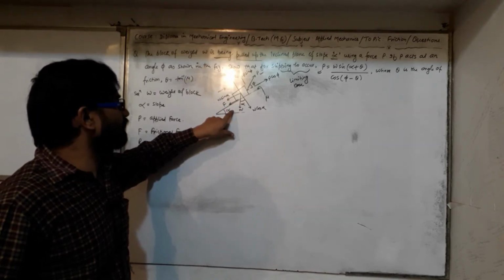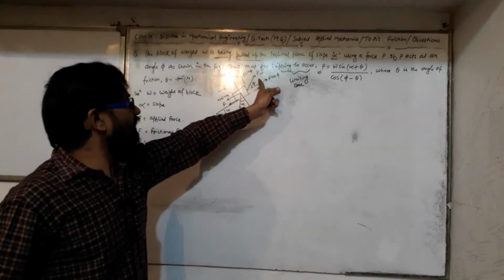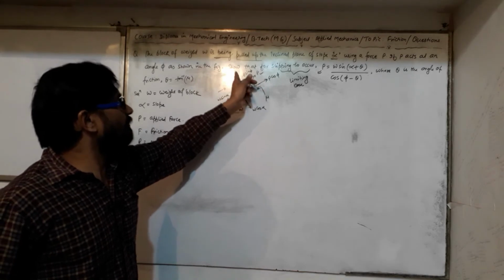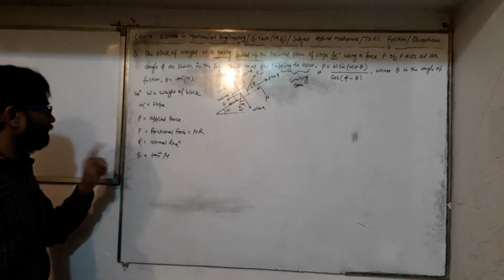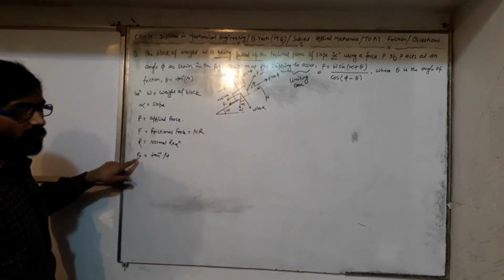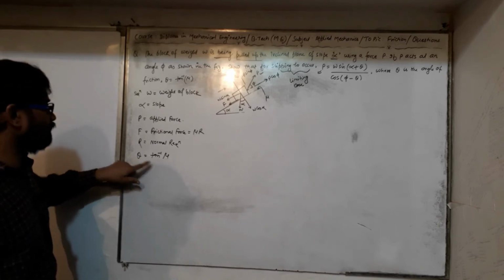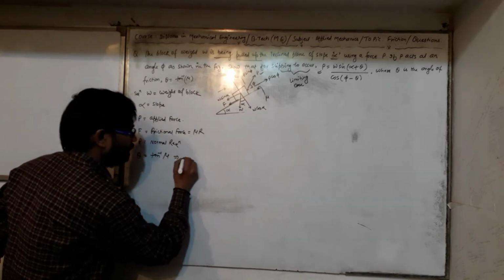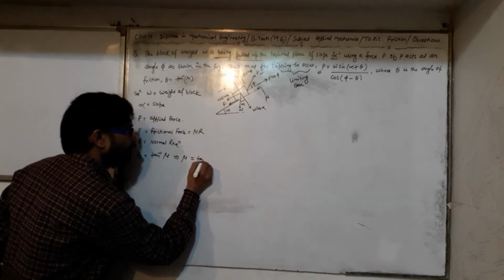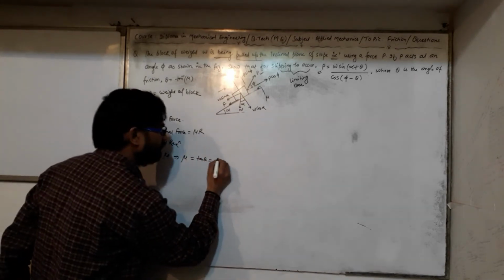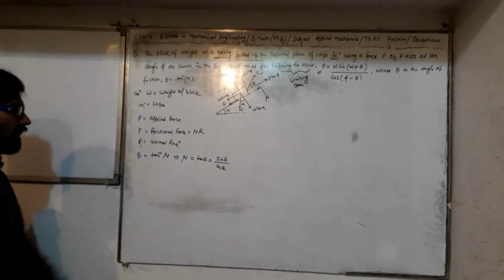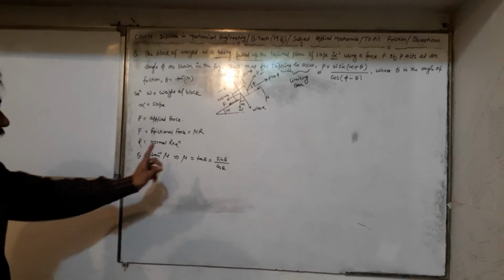Alpha is the angle of inclination of the inclined plane, and phi is the angle at which P is acting. So we can say mu is equal to tan theta, or tan theta is sin theta upon cos theta. Later on we will see how it is applied in the evaluation.